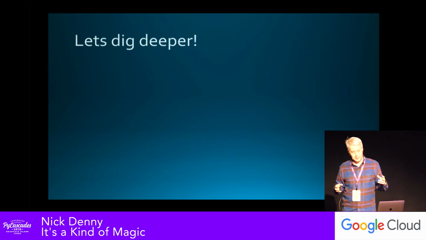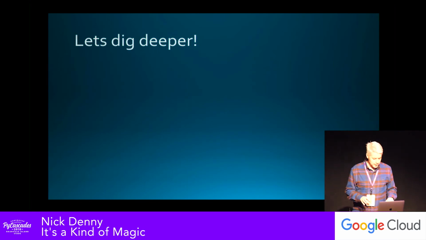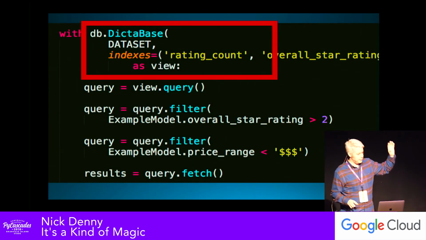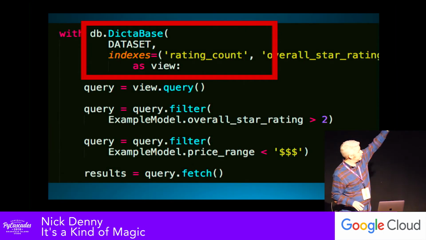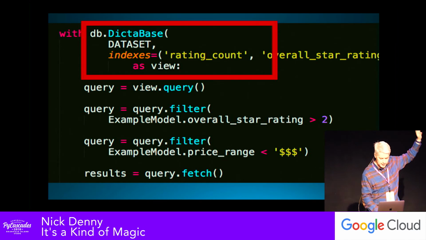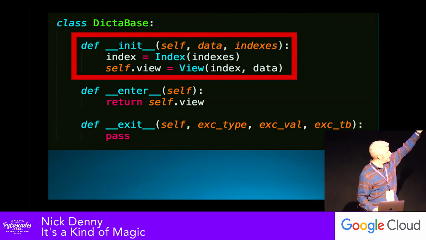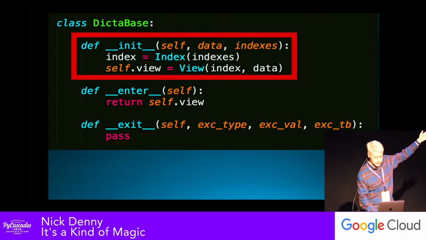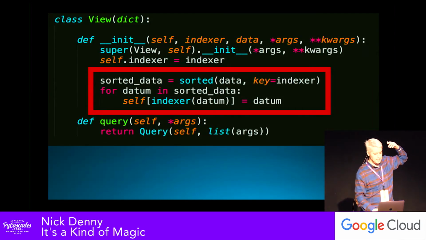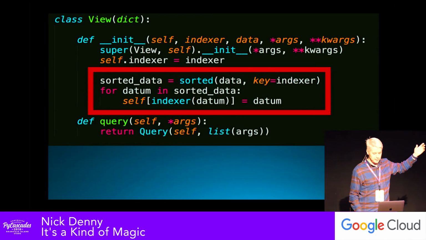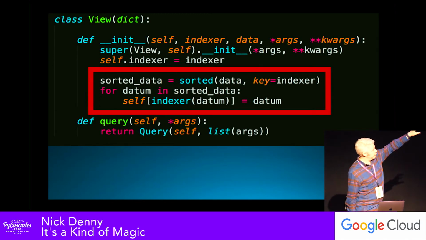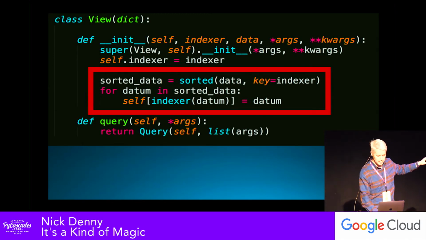So let's dive in a bit deeper in how this works, hopefully without losing you all. So I said we start off calling the database, passing in data and index. It calls the init, done the init function. And then we call into the view. So look at the view, sorted, and then adding to itself.